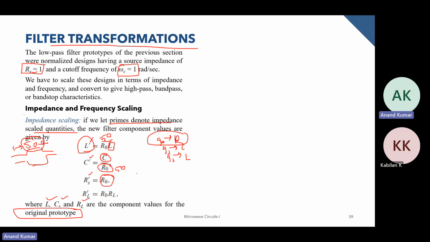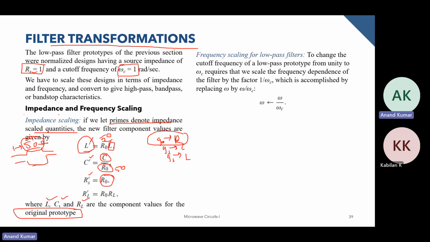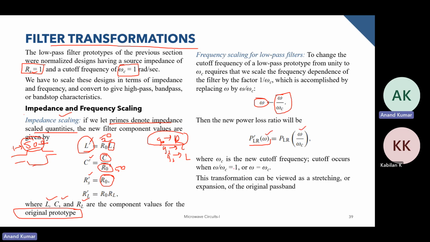Similarly, once you have scaled the impedance, we'll also need to scale the frequencies. For a low pass filter, we replace omega by omega over omega c in the expression. So the power loss ratio, which was initially PL, becomes a function of omega over omega c, and omega over omega c equals 1 is the frequency at which the cutoff occurs.